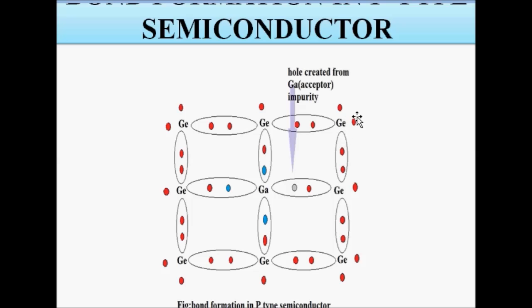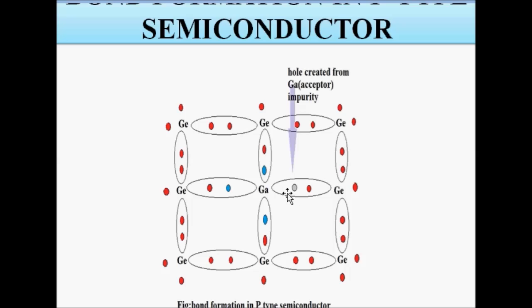Neighboring electrons rush to fill this spot and thus create another vacancy or hole in their original location. So this hole, as it attracts electrons from neighboring places, acts as a charge carrier. This hole acts as the majority charge carrier in this case.